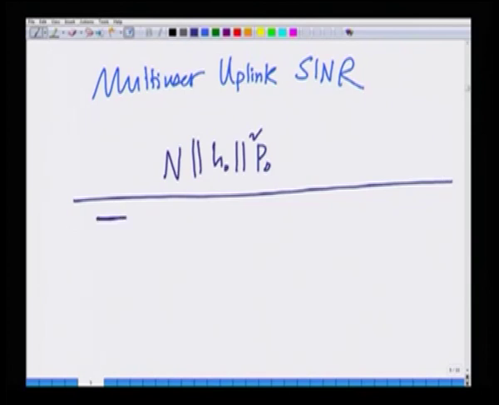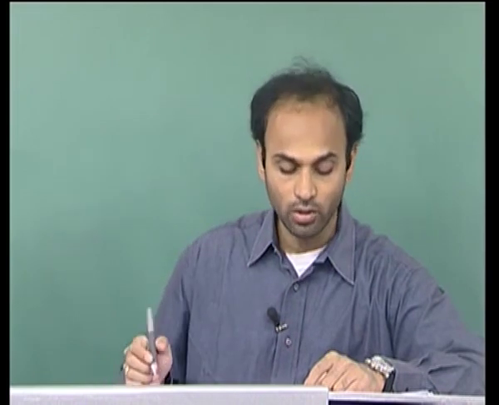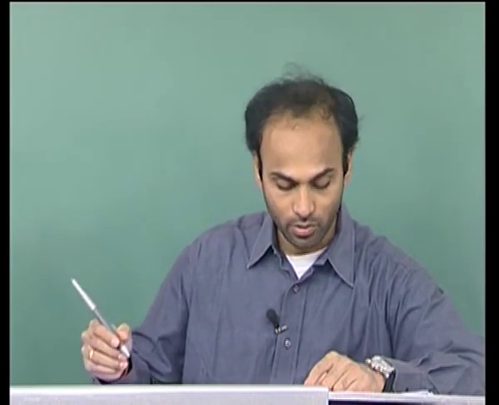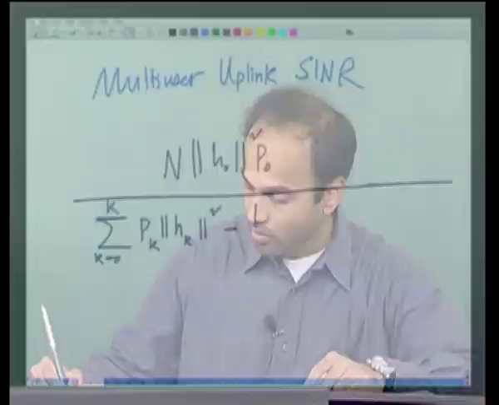In the denominator, however, now I have sigma k equals 0 to capital K P k norm H k square. Now, remember previously this was P k norm H naught square, which was common, that is why we had a sum of powers. Now, each power is multiplied by its own channel, because this is uplink and each signal is traveling through the channel corresponding to that user, and essentially the rest is all the same.